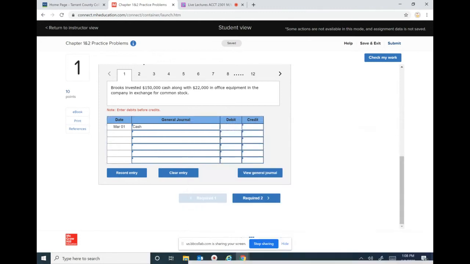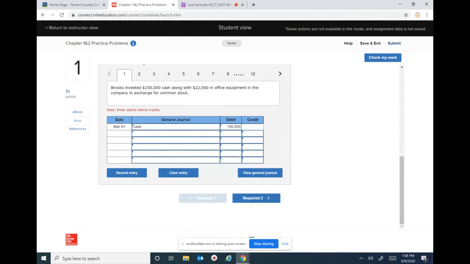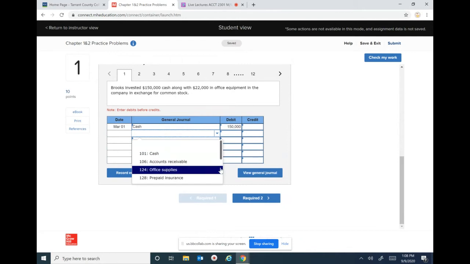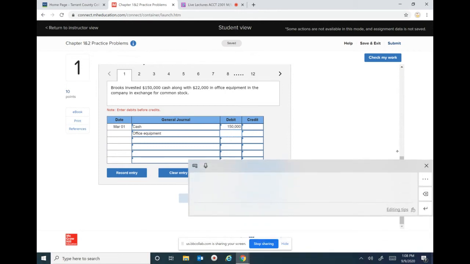I'm using my Surface Pro, so let's see if I can do it that way. There you go. Okay, perfect. So I'm debiting cash. I'm also increasing not office supplies. I'm going to find office equipment, and I'll debit that $22,000.